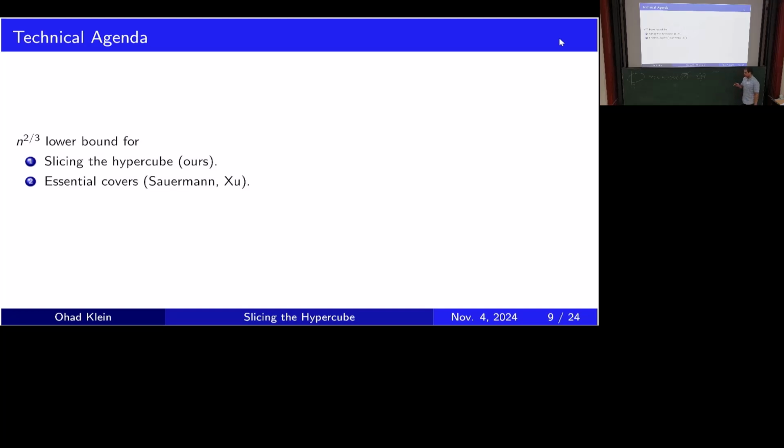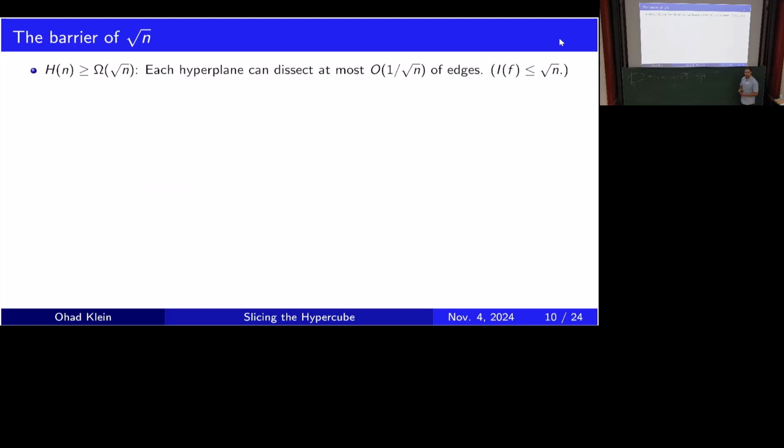Okay, let's start with slicing edges. So we want to show, first, let's start by showing that h of n is square root of n. This is the classical result that was known from the 70s. The proof is basically just saying that each hyperplane cannot dissect more than a fraction of 1 over square root of n of the edges.